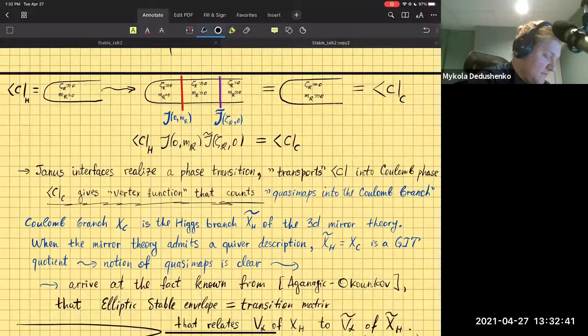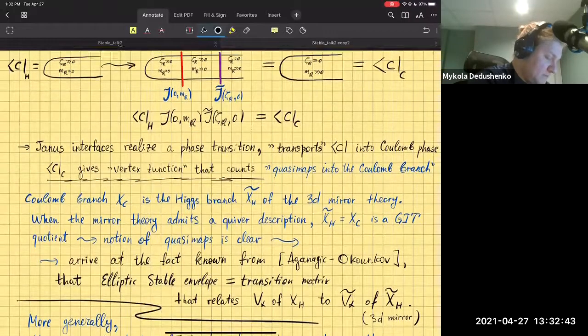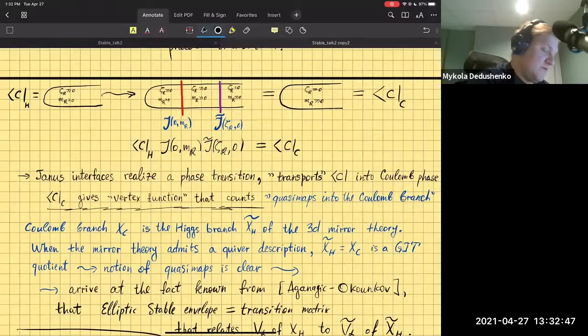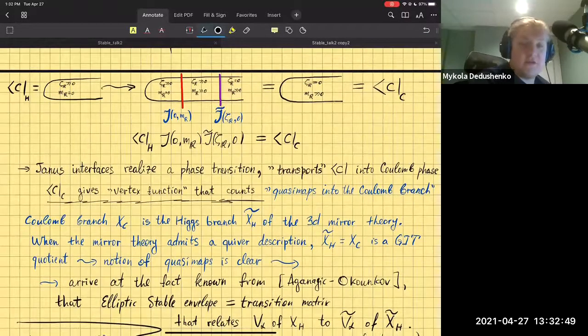Now, if we have an explicit description of the Higgs branch of the mirror theory, then we know the Coulomb branch is the Higgs branch of the mirror theory, and if it admits a quiver description, then it's also given by a GIT quotient.